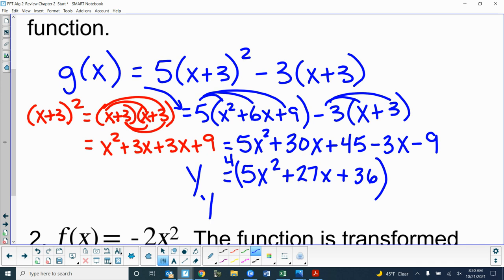So the answer then is 20x squared plus, what's that, 108x, and then 4 times 36 would be 144.